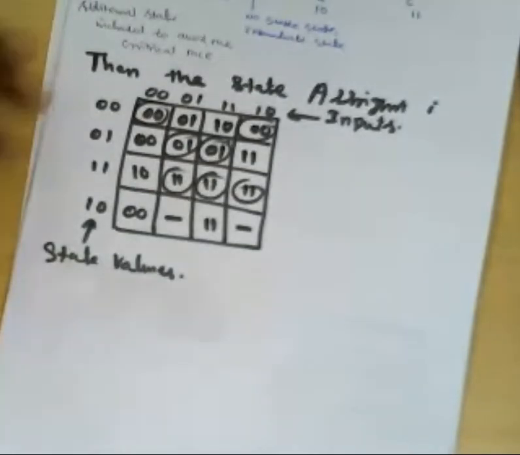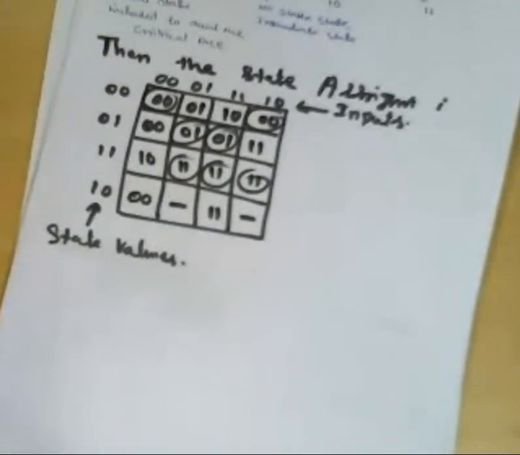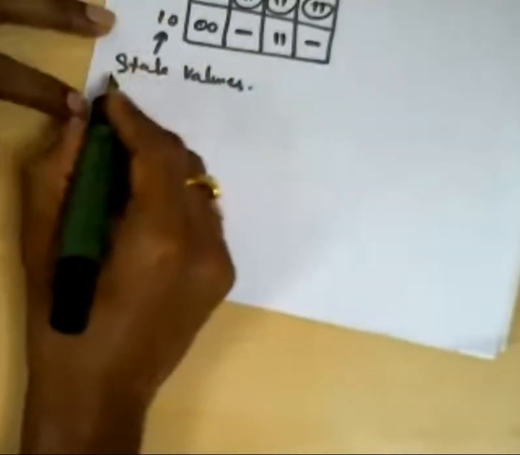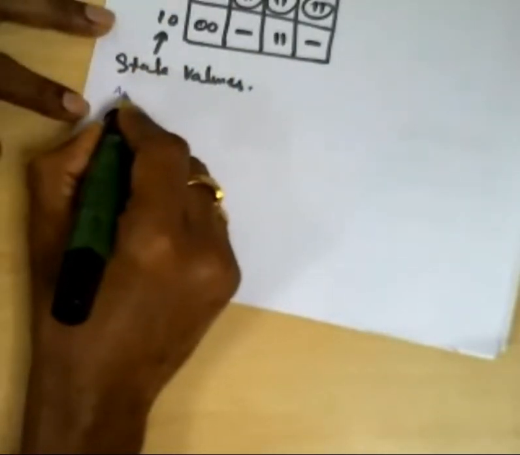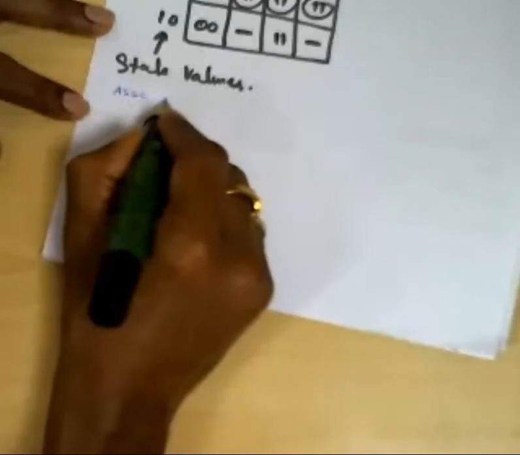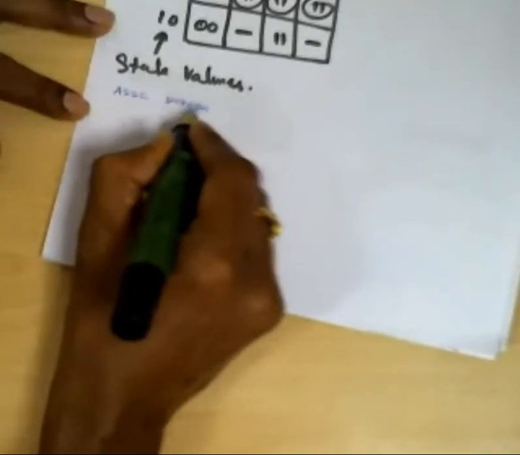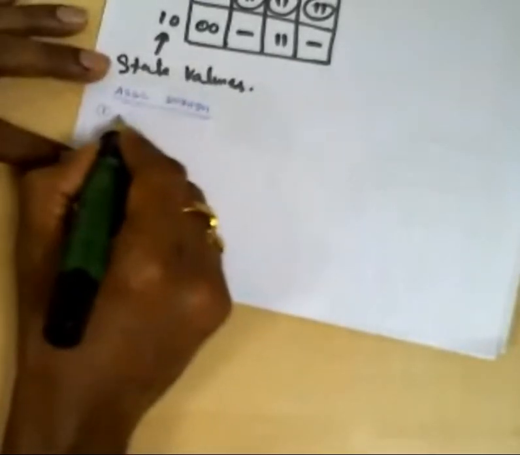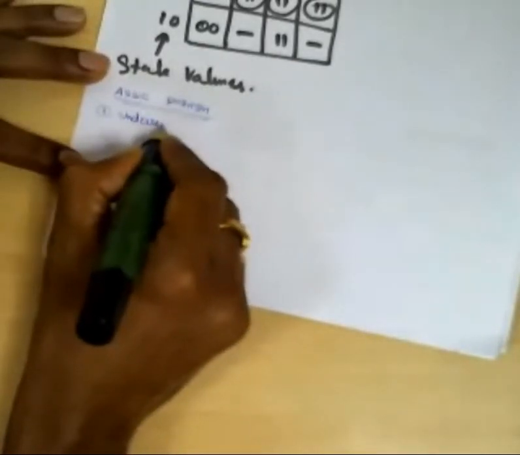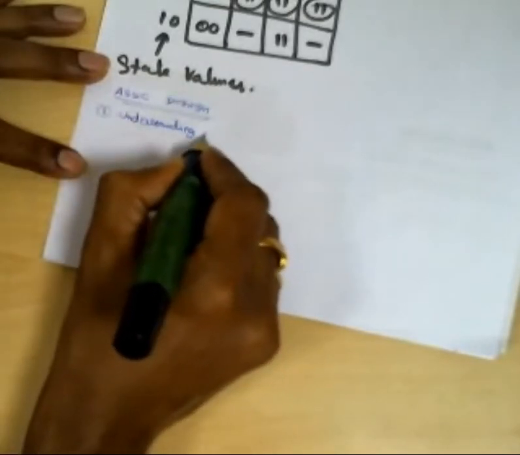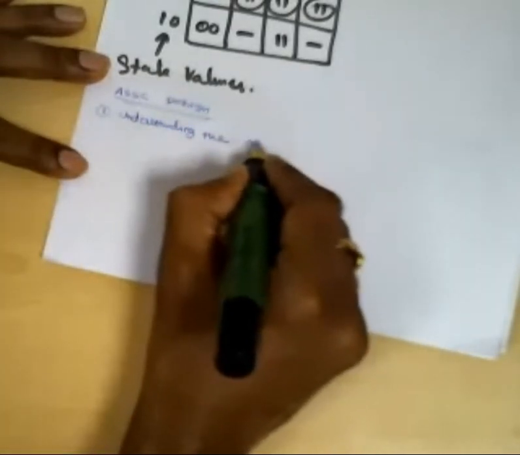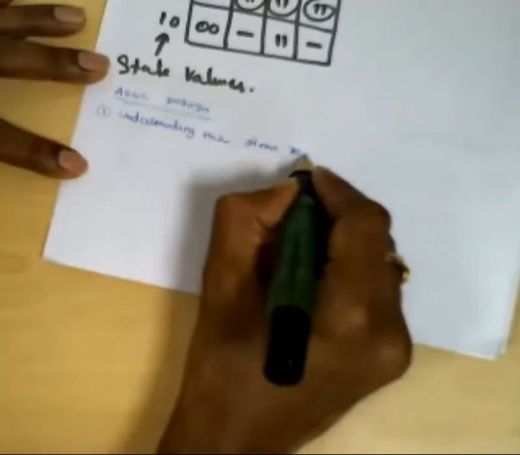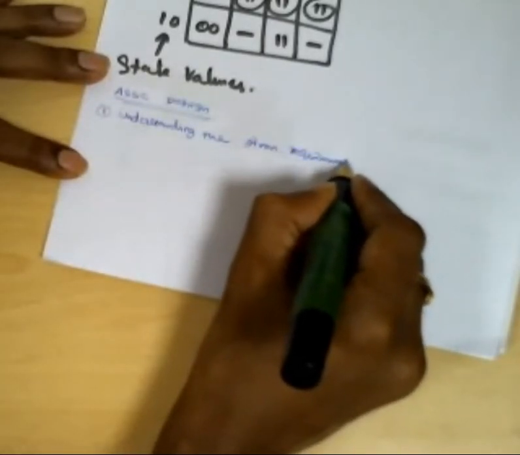So the conclusion is, asynchronous sequential circuit design should follow these steps. One is understanding the given requirements, that means a statement.